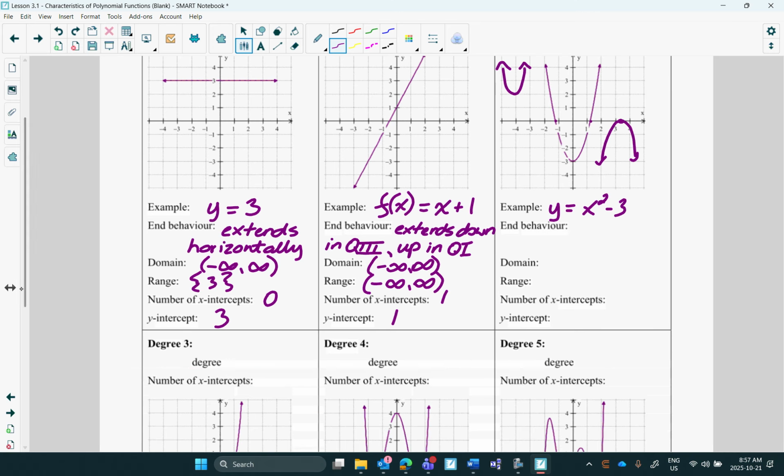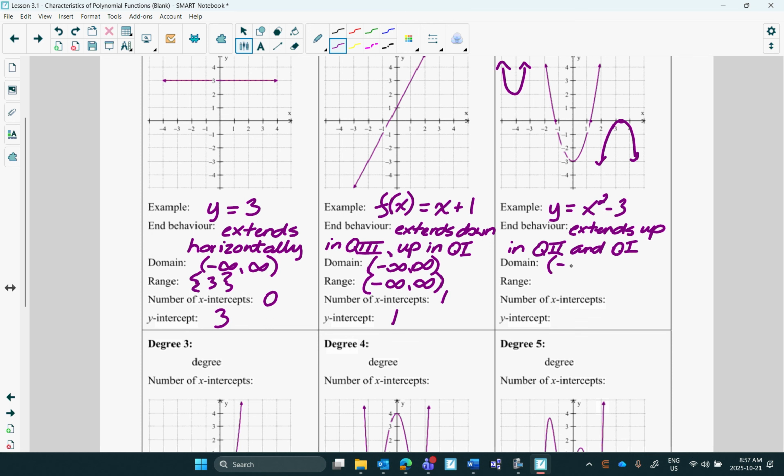What's the end behavior? What's happening on the ends of this one? Both going up. So extends up in which quadrants? 2 and 1. What's the domain of this one?